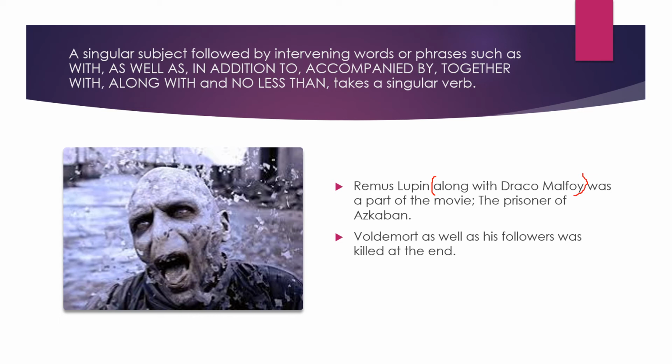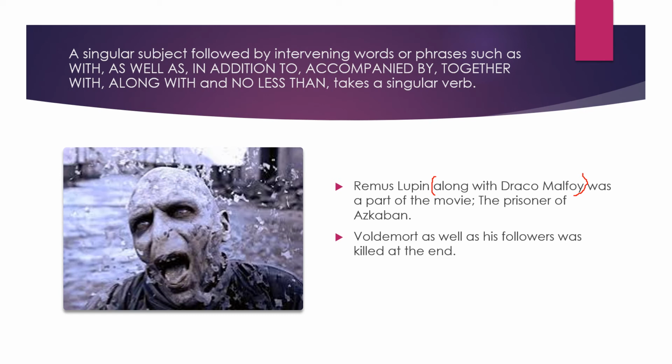My parenthesis, I'm so sorry for the shape of the parenthesis. Because these are parenthetical words, I've put the word along with and the subject that follows these words within the parenthesis, and then the sentence would only read as Remus Lupin was a part of the movie The Prisoner of Azkaban. So Remus Lupin was, and never were.